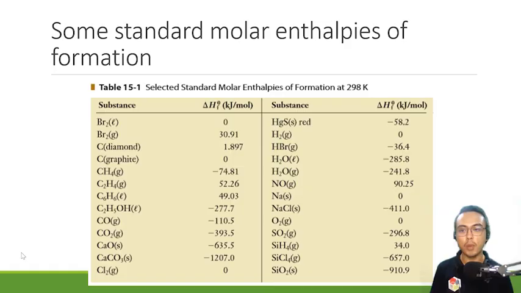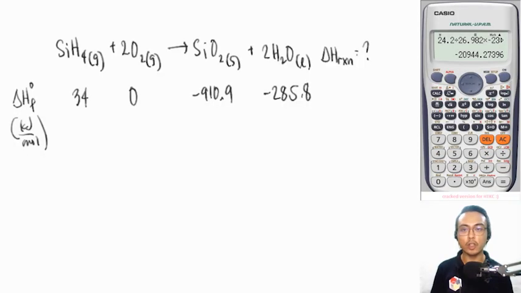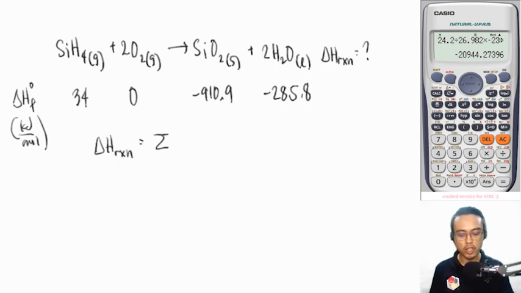Okay, let's go back. I have now listed the enthalpies of formation of our substances. So let's apply those to Hess's law. Hess's law states that the enthalpy of reaction is equal to the summation of the coefficients multiplied by the enthalpy of formation of the products minus the summation of the coefficients multiplied by the enthalpy of formation of the reactants.